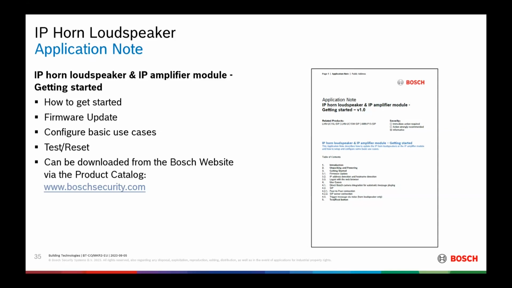It is also explained how to test and reset the speaker. The application note can be downloaded from the Bosch website via the product catalog. So just go to boschsecurity.com and navigate to the IP Horn loudspeaker and to downloads.